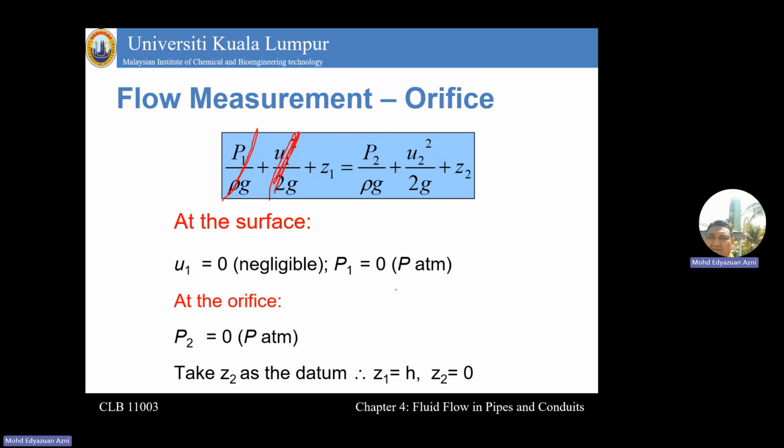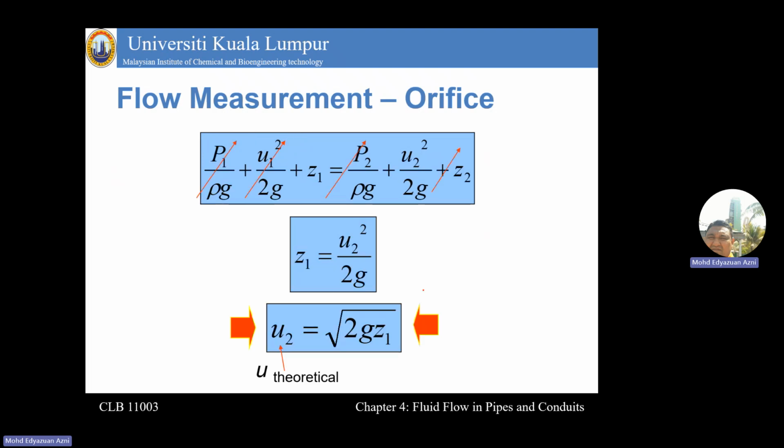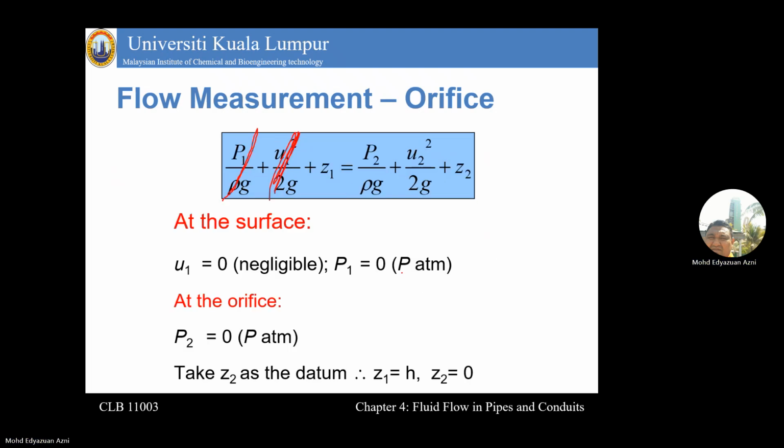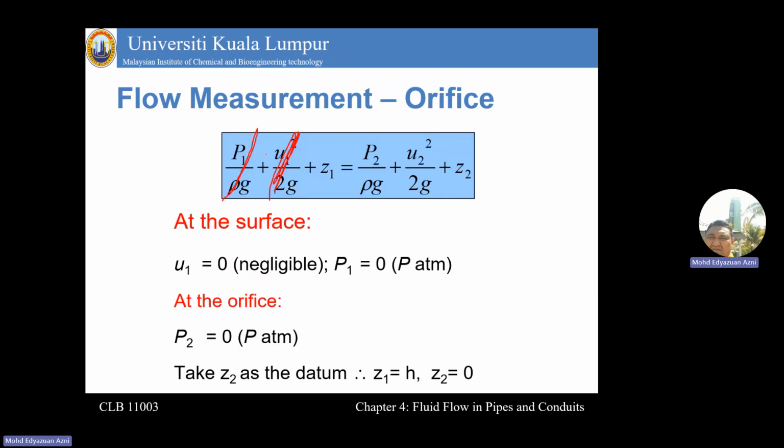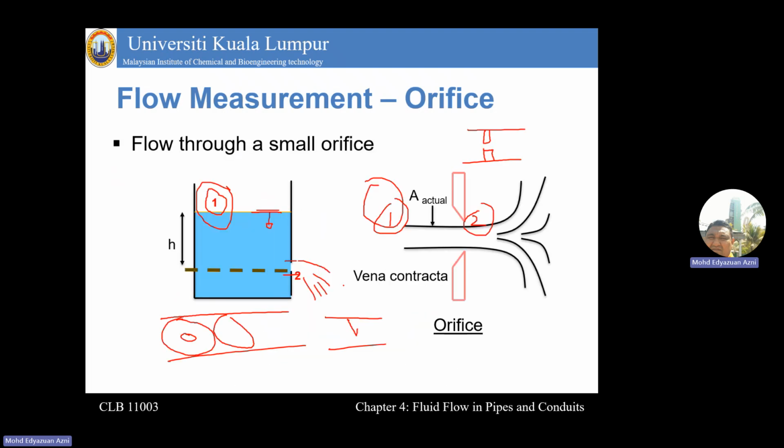And for pressure, why is pressure considered as 0? Because at point 1 it is open. There is no gauge pressure, only atmospheric pressure, so the gauge pressure is 0. That's why P1 is also 0. And at the orifice, at the opening on the outside, the gauge pressure is also 0.